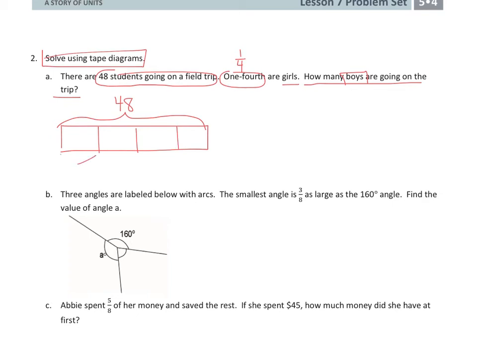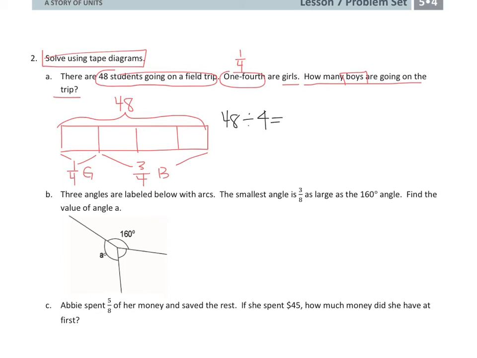And so right here, here's 1/4, and we can say these are the girls, so I can label it G. And then that means the other 3 boxes, which represents 3/4, are going to be the boys. So right now, if 48 is the number on top, and we have to evenly split it into 4 boxes, we need to figure out what 48 divided by 4 is.